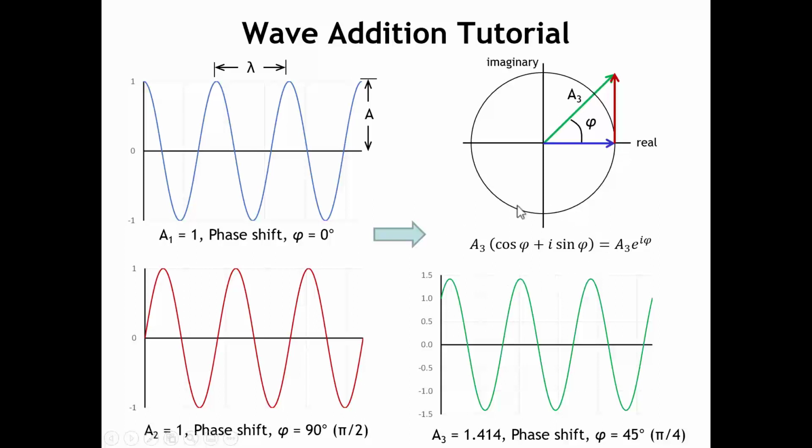All right, so we're going to represent waves in this way. And really, when we see that notation, it's going to tell us, here's the amplitude of my wave, and phi, here's my phase shift. Now, Euler's relationship tells us that we could write this complex number in a more compact form, which is just A3 times e to the i phi. And we're going to use that more compact exponential notation quite a bit as we go along.